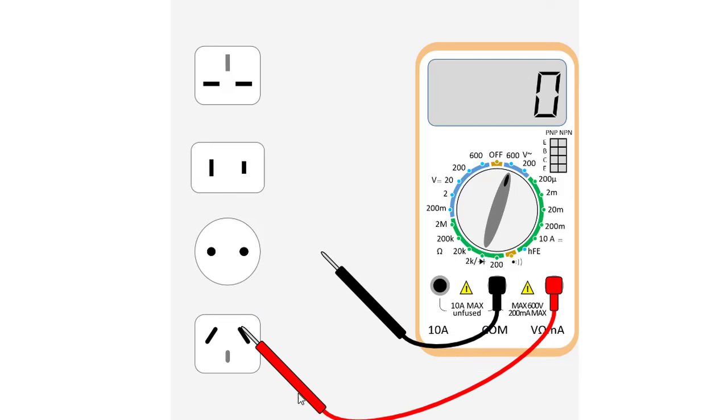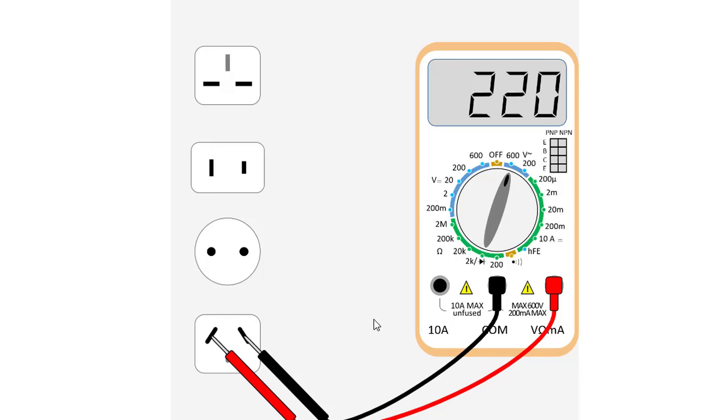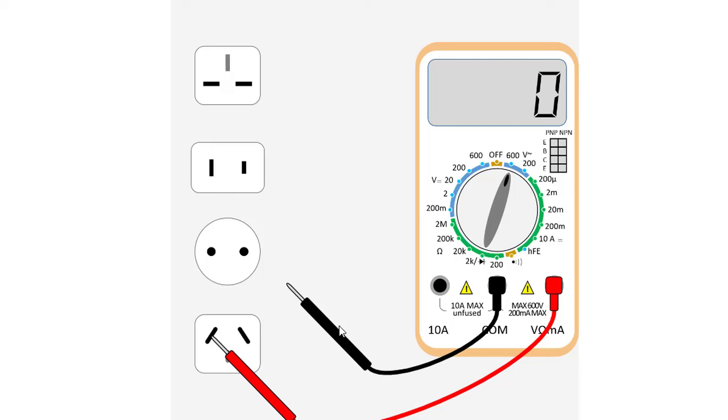And lastly, let's check this. So here it is 220. And we know that this upper one is for earthing purpose. Now this range is for 220, so we have to put the knob here for 600 volt.